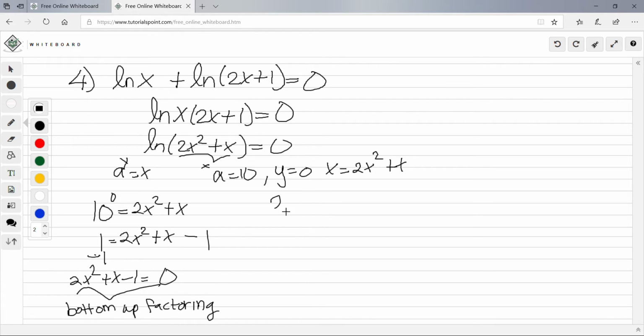It's not too hard, and I can't use simple factoring because of that 2. Basically, first you ignore this coefficient of 2, so write x squared plus x. And then you multiply 2 times negative 1, which is negative 2.